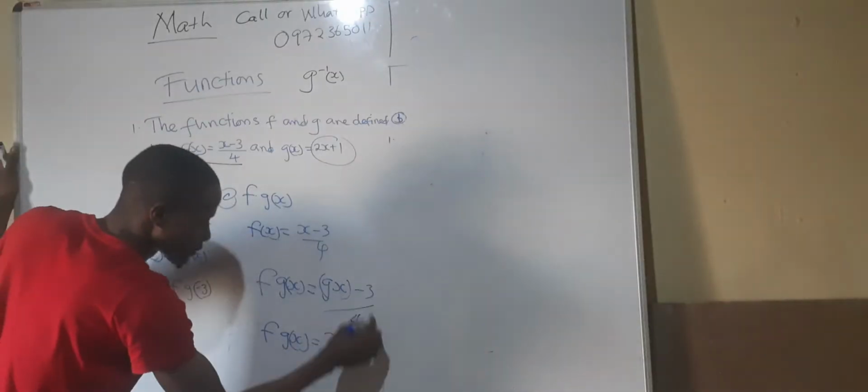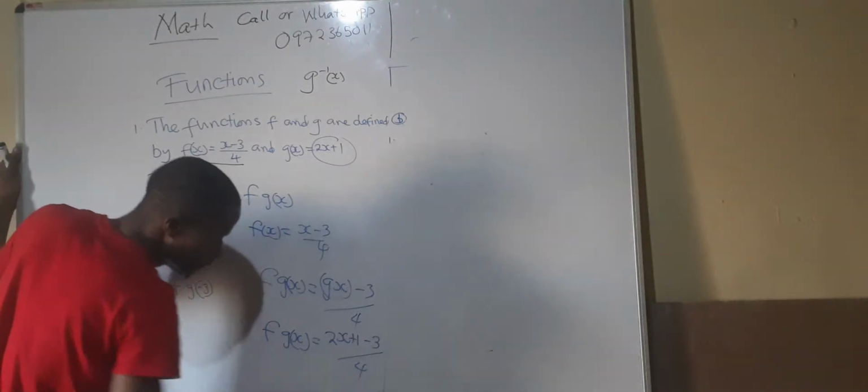So we have 2x plus 1, then we also have a minus 3 at the end, over 4.